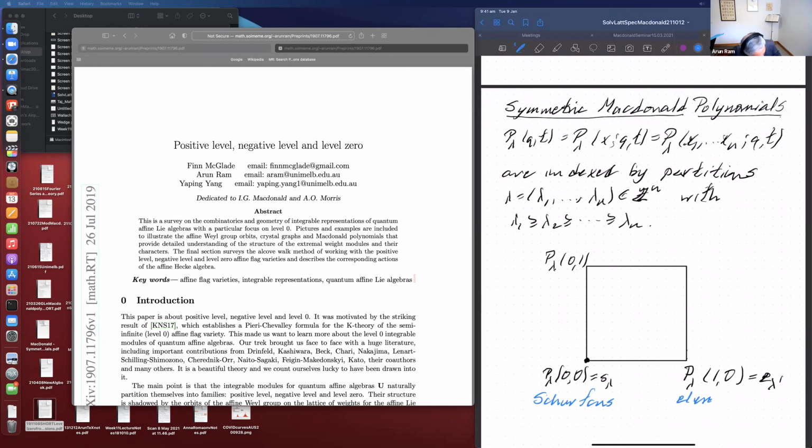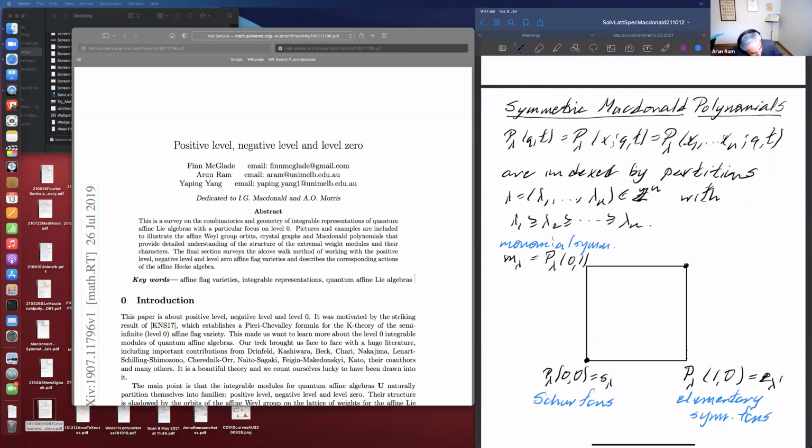And if I look at this top left corner, those are monomial symmetric functions. So we can write that monomial. And this upper right corner is very special.